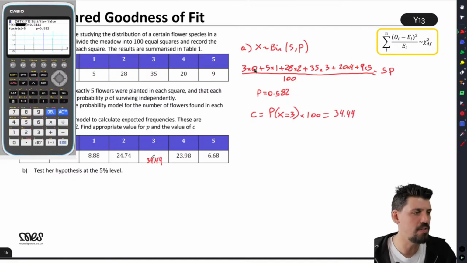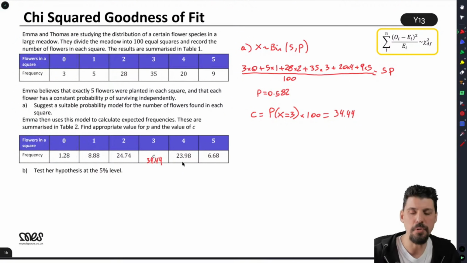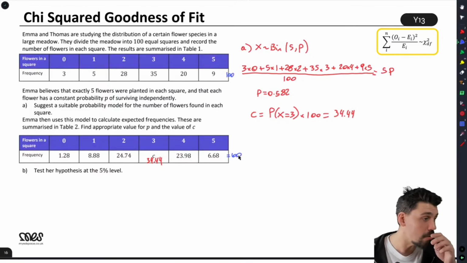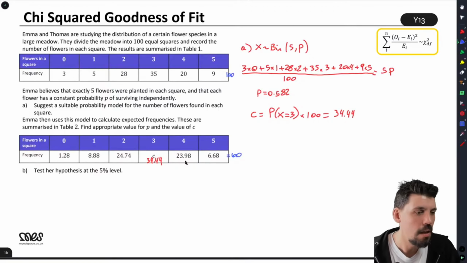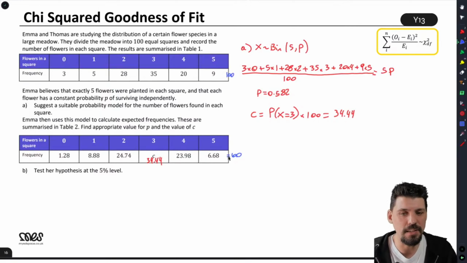Now, one thing I'll point out is in theory, the sum of these frequencies needs to come out as 100 because there are 100 squares. It might not for your expected frequencies. Why might it not come out as exactly 100? Well, because you've rounded.